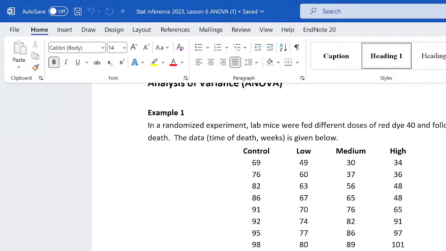The last value, we're doing the same thing that we did in the first one, except instead of always subtracting 75, the grand mean, this time you subtract the group means.